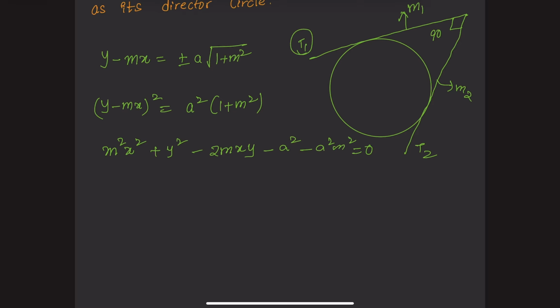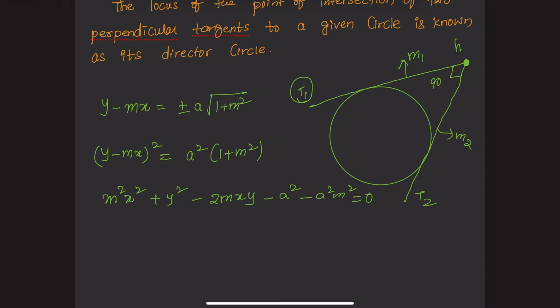Now let us say this point is h comma k. You have to find the locus of h comma k. So now this is m square h square plus k square minus 2m hk minus a square m square is equal to 0.